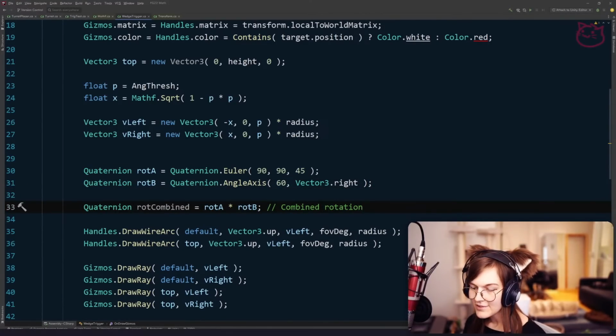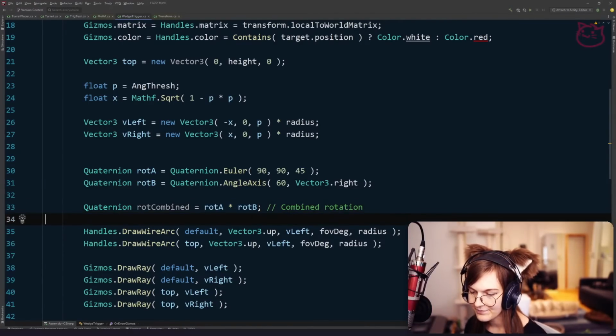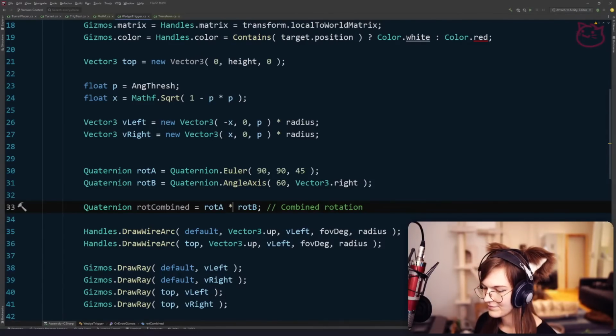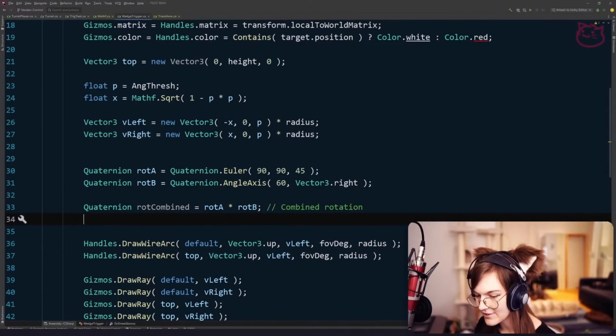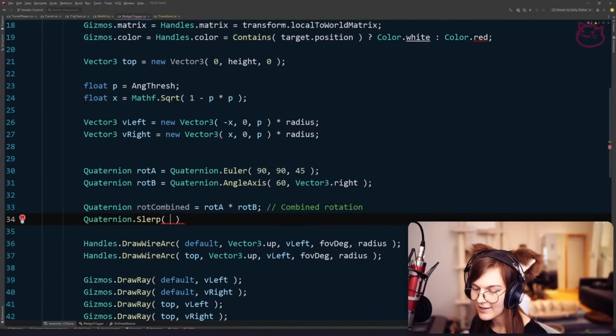Okay, and so this is kind of the beauty of the quaternion, because you can just multiply them, and the fact that you can composite them like this makes them very useful. And it's also useful because interpolating them is fast. So we have Quaternion.Slerp. Slerp is really fast for quaternions. If you wanted to do this using rotation matrices, that would be much more costly.